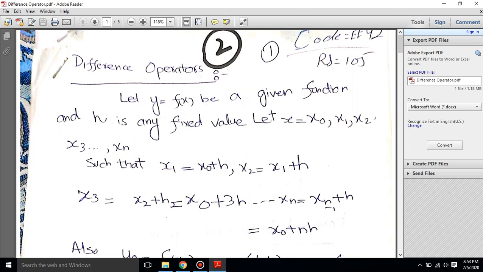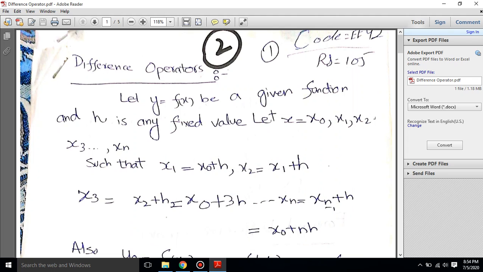So for example, consider y as a function f of x. That is a given function here, and h is any fixed value here. Then x will be equal to x naught, x1, x2, and so on up to xn, such that x1 will be equal to x naught plus h, x2 will be x1 plus h.